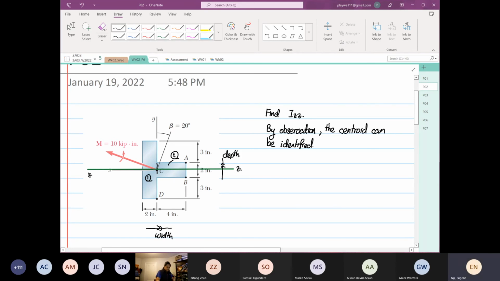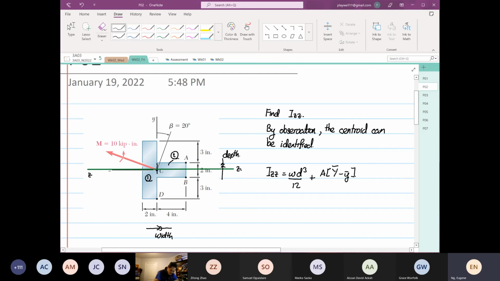Okay, so we need to apply that IZZ is equal to width times depth cubed over 12 plus area times (y bar global centroid minus individual centroid) squared.